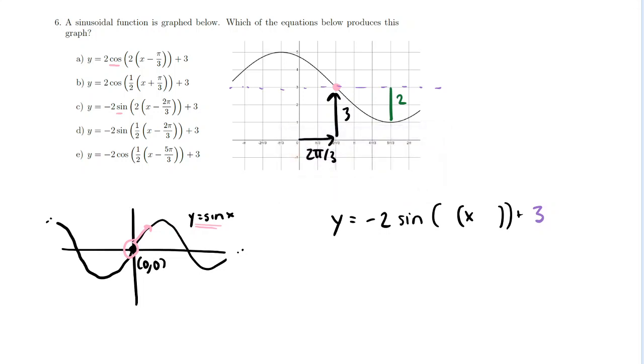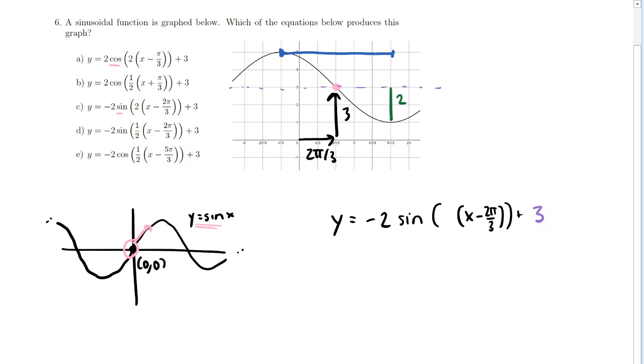How do we shift right? We subtract that value away from the input, so subtract away 2 pi over 3. And not only that, we've also stretched out this function. Usually, sine and cosine functions have a period of 2 pi. But here, going from the peak to the lowest point is half the period of our sine or cosine function.